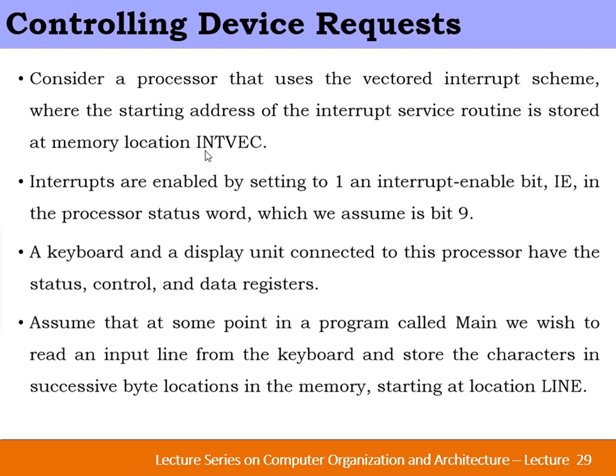So while executing the main program, we involve two devices: one is the keyboard and another one is the display. In the main program, one input line can be read from the keyboard, and it needs to be stored in memory. The beginning address of that memory is line.